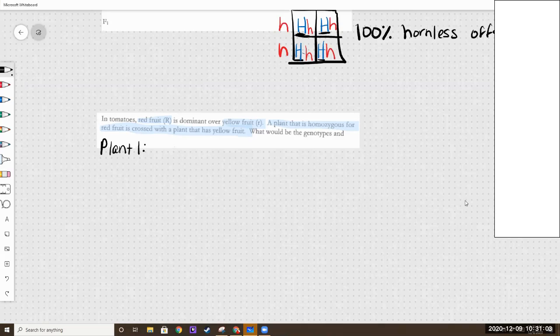Yes, Sienna, you're correct. Yes, Yasmin. It's okay if you're wrong, Shazid. Can you tell me what is the genotype for plant 1?